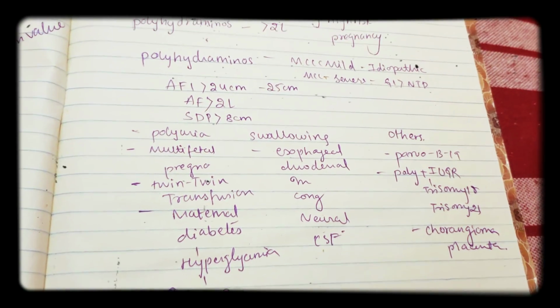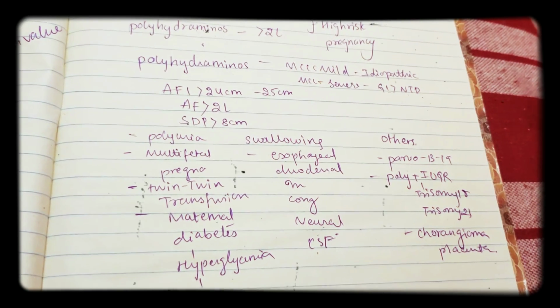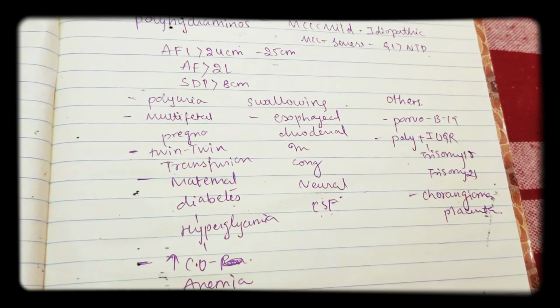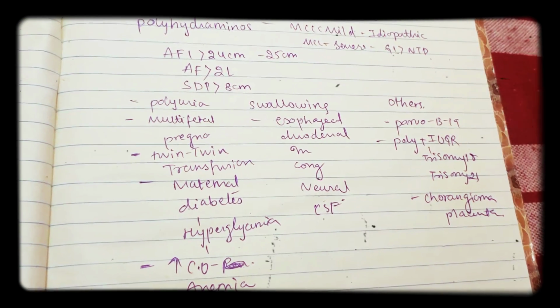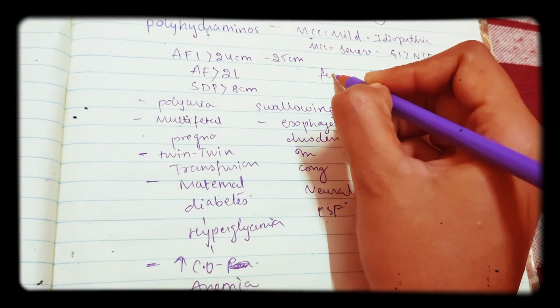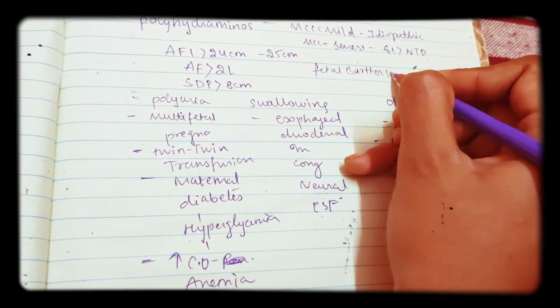Note that normally in fetal kidney disorders there is oligohydramnios. Whenever there is fetal kidney disease, there is oligohydramnios. But there is one syndrome called fetal Bartter syndrome.